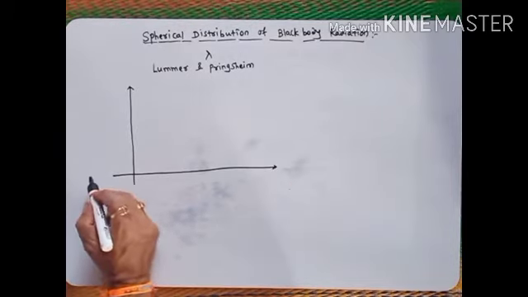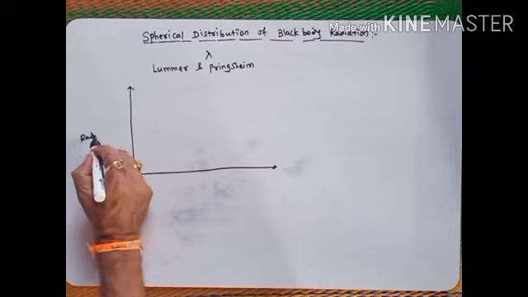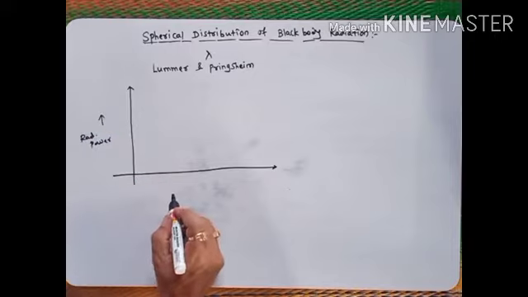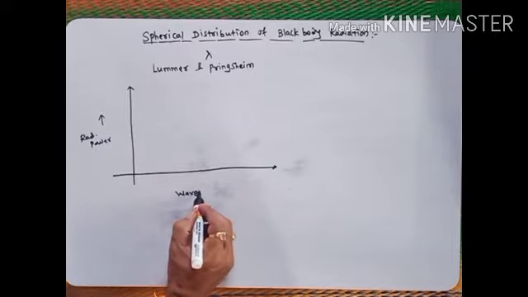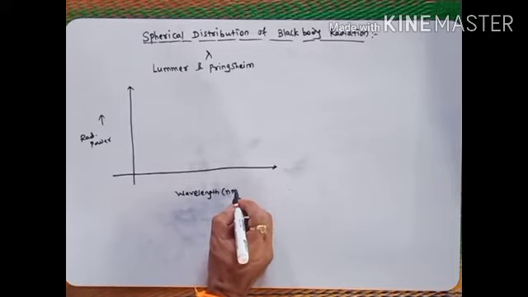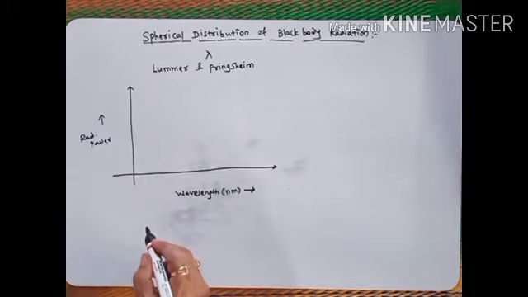Here you see radiant power, and here this is the wavelength in nanometer.